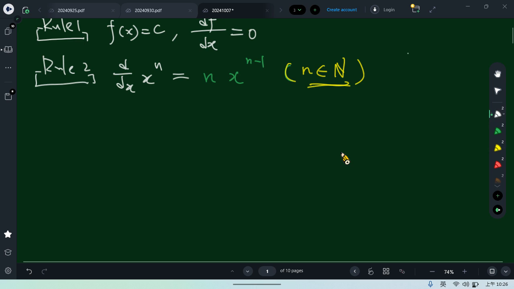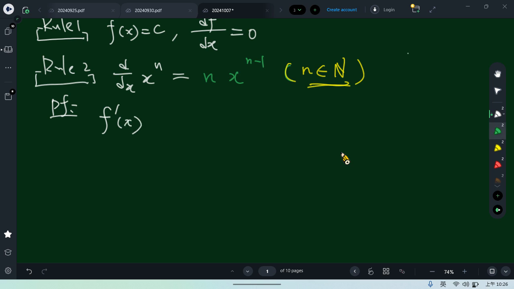For this part, I can give you a simple proof. When we talk about f prime of x, here f of x is x to the power of n. So when we try to get f prime of x, we go back to the original definition: the limit as z approaches x of f of z minus f of x over z minus x, right?